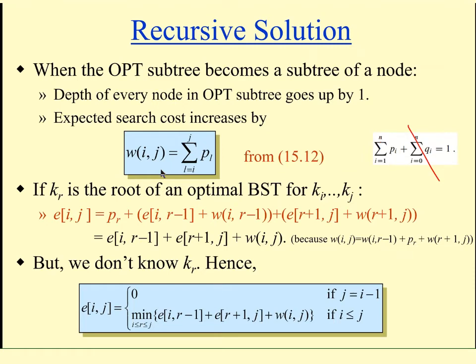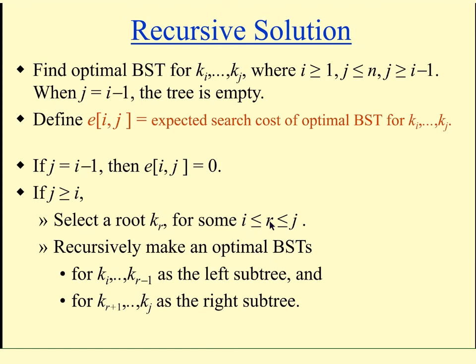Okay, so if kr, for example, is the root of the optimal BST for ki to kj, that means we go back to the previous question. We have a left subtree and a right subtree, and we already solved the left one, and then we put this one under the root kr. So this one we get ki to r minus 1.